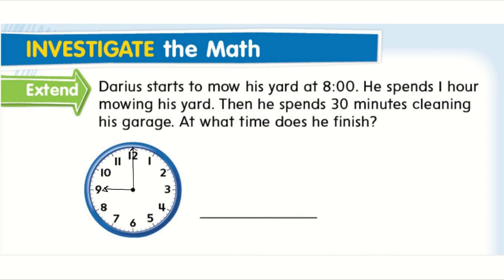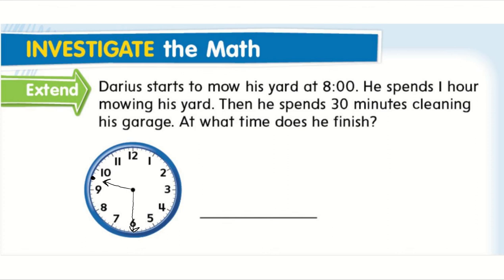Awesome. Okay, but we're not done yet because it says he spends 30 minutes cleaning his garage. So that means this minute hand is going to go halfway down to the 6, because that'll be 30 minutes and half past. But then this hour hand has to go halfway between the 9 and the 10. Now what I would do here, boys and girls, I would draw a little dot in between the 9 and 10 and try to draw a line directly to it.